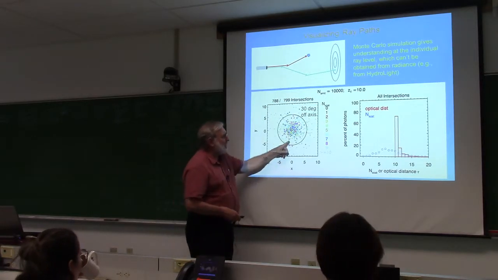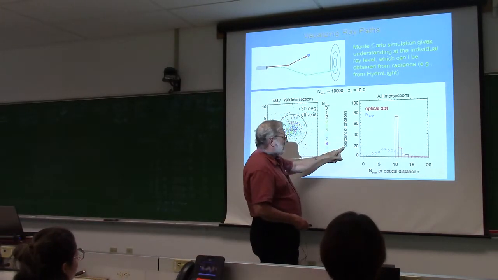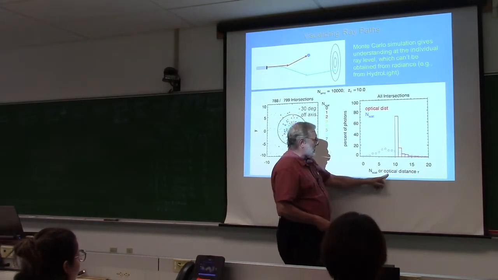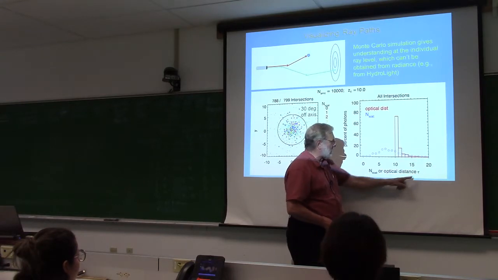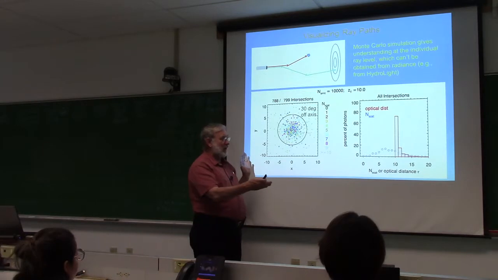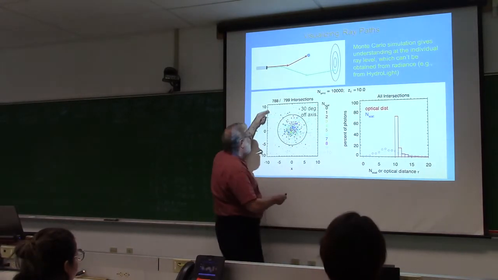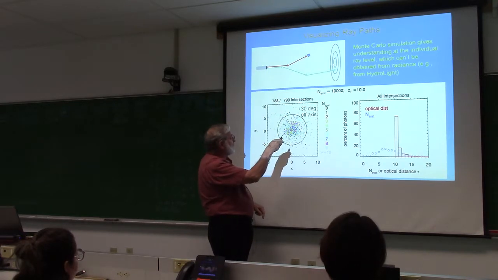If I take this data and plot the percent of photons that go an optical distance tau, well, my target was 10 optical distances away, so they all had to go at least 10. Even if they just went straight across, they're going 10.